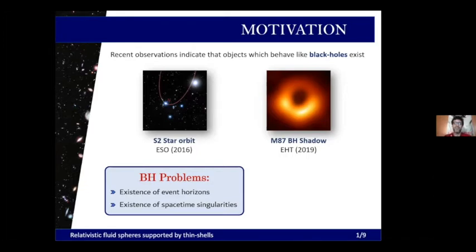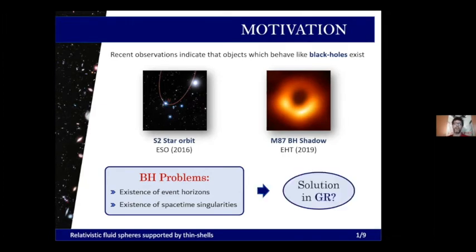The fact that we call them singularities is kind of an indication that we really don't know what's happening there. And so there is one question that arises: would it be possible for us to create a model for a compact object that behaves exactly in the same way as a black hole does, but that avoids these problems in general relativity, for example?